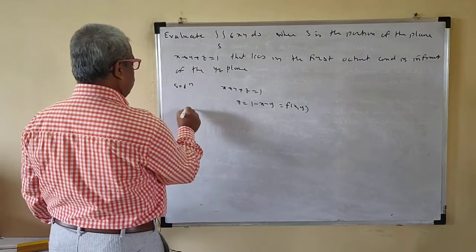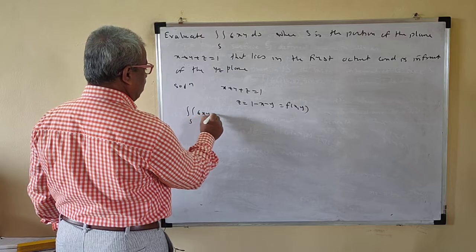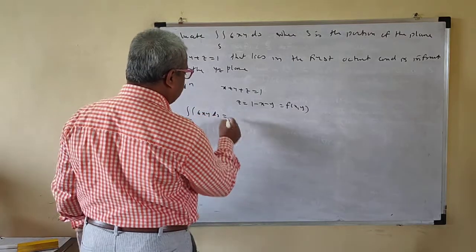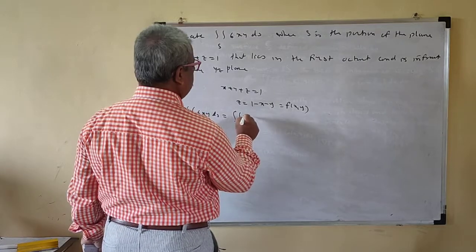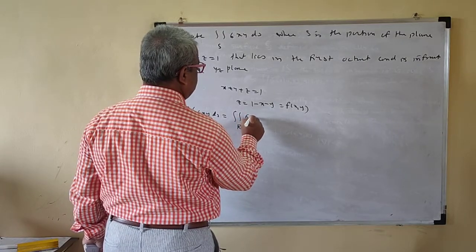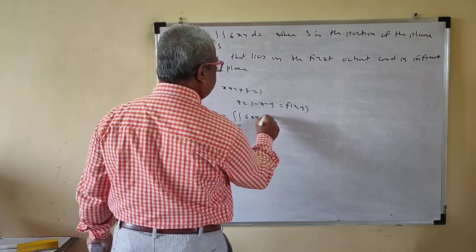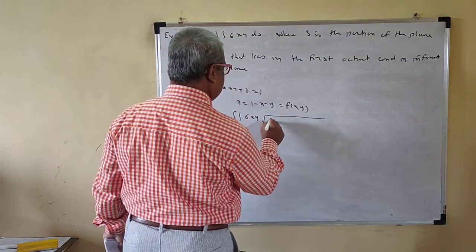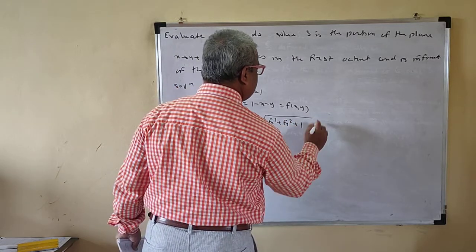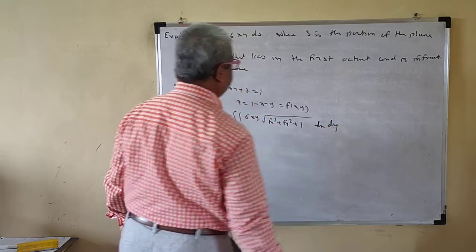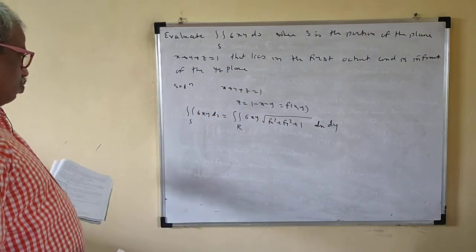The double integral over S of 6xy dS is equal to the double integral over R of 6xy times the root of f_x squared plus f_y squared plus 1, dx dy. This is your formula.